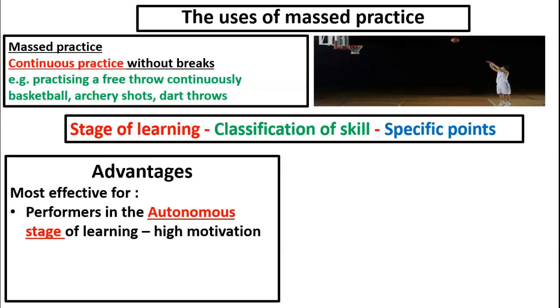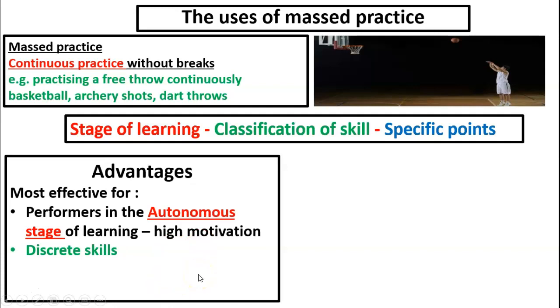If it was a really continuous skill that went on and on, it'd be very difficult to practice it over and over again because it wouldn't start and finish. So we need skills that have a clear beginning and end. Free throw, you have it in your hand, you shoot, it's gone. Start, end, finished. So what we look for in this is it is most effective for discrete skills, okay, because they have a clear beginning and end.